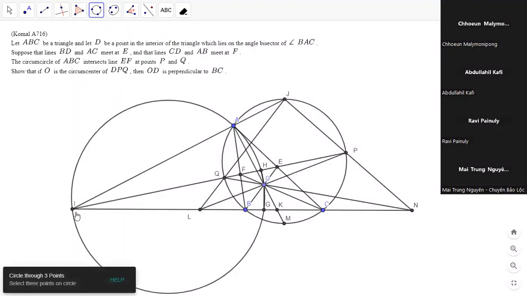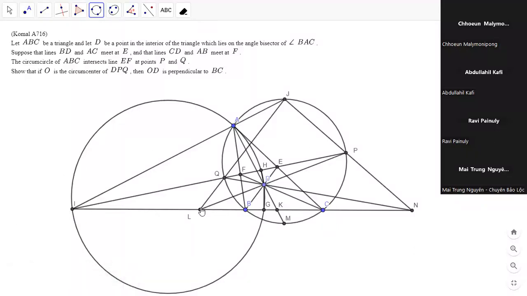Let's see, if it is the Miquel point, then we also have AQLI as cyclic. Is that obvious?